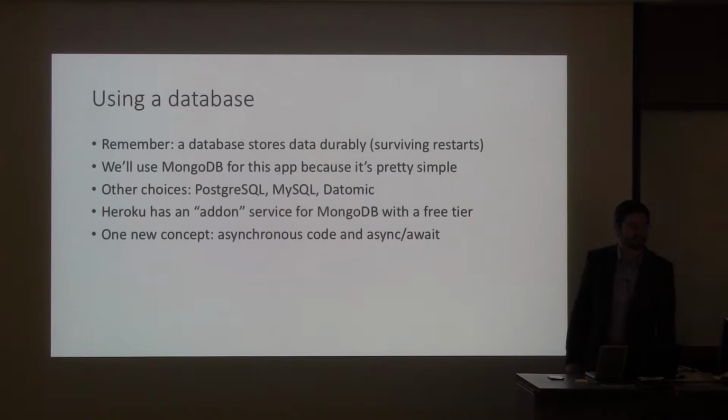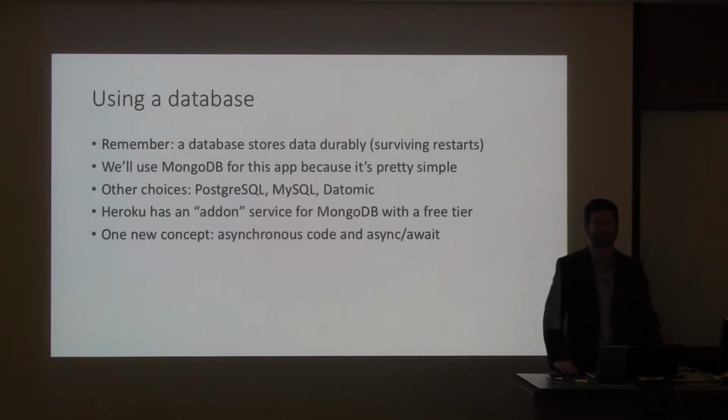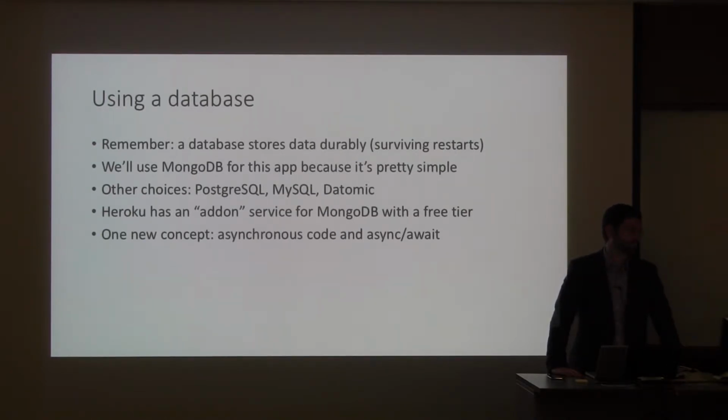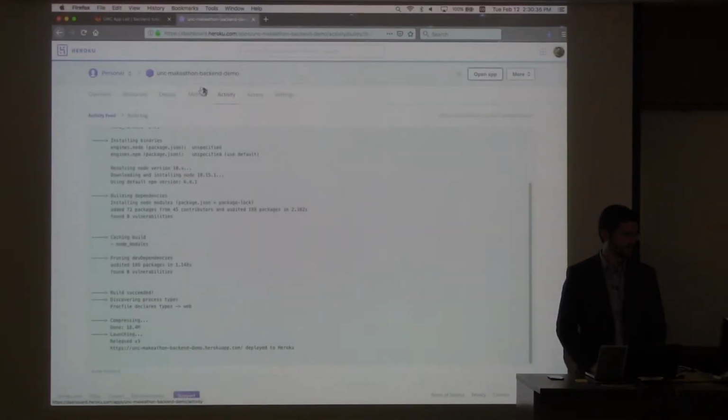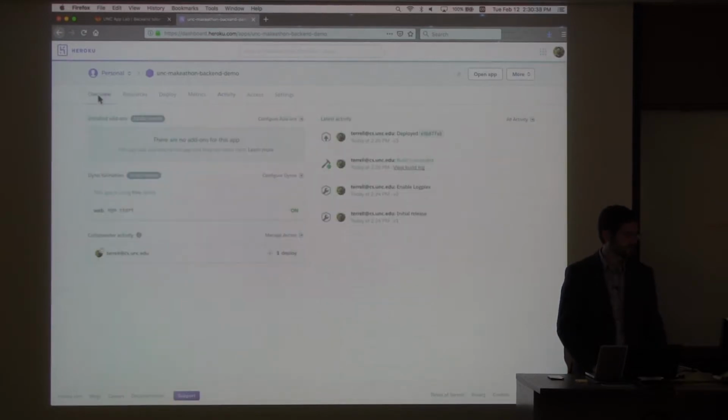And now one of the neat things about Heroku is that it has add-on services. So it has services for all of those databases that I just mentioned, except for Datomic. And you can provision these add-ons, some of which also have a free tier, to your app. So I'm going to do that for my Heroku app. I can go into Overview.